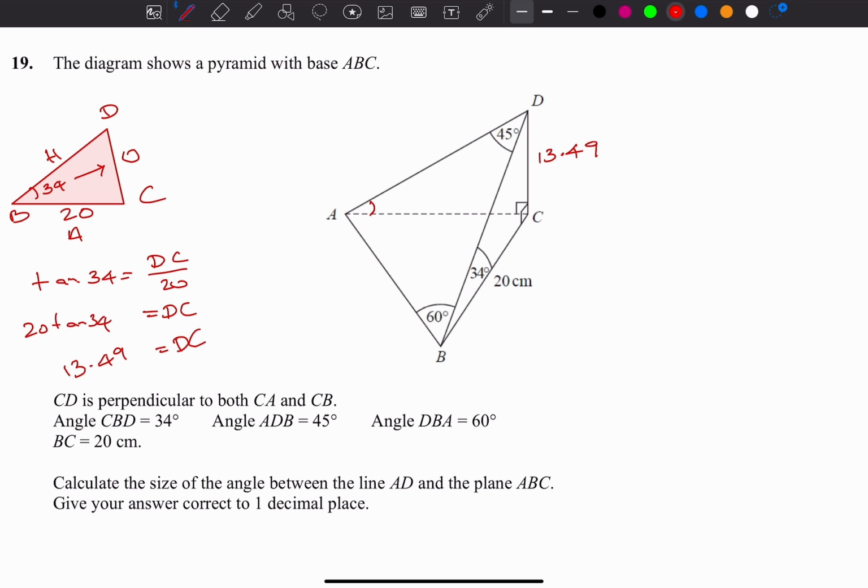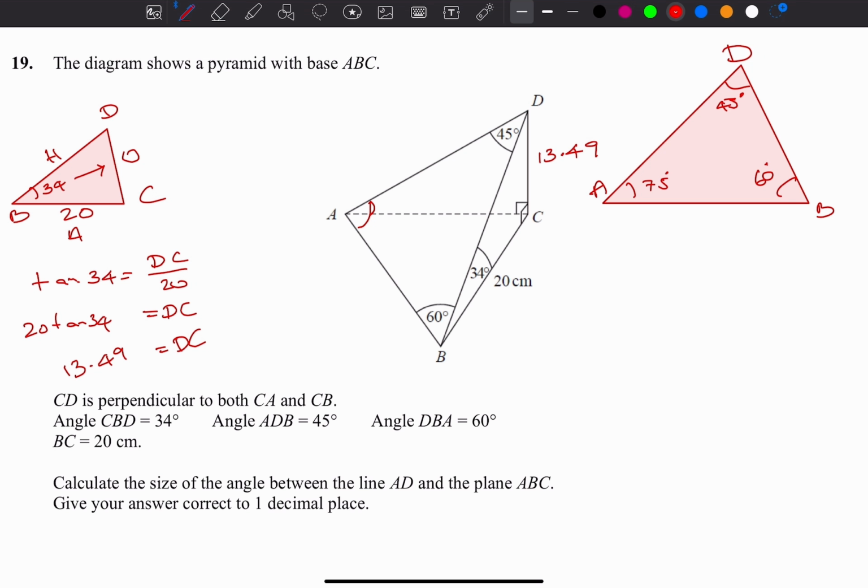Okay, if this is 45, this is 60, what is this angle? If you look at that triangle, it's a very weird one. A, D, B. That is 60. That is 45. So I know what that is. So 180 minus 45, which will make it what? 75 then, yeah?